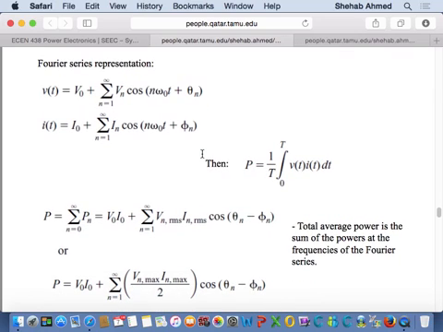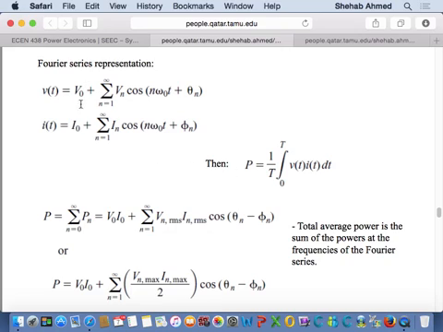And this is what I was talking about from a power transfer perspective, right? So if you have the Fourier series representation for a certain waveform, so this is the Fourier series representation for the voltage. So all the voltage harmonics, you know the equation for them. That's from the Fourier series sheet. All the current harmonics, you know the equation for them, right? If you would like to calculate power, average power is 1 over the period integration of instantaneous power over the period.